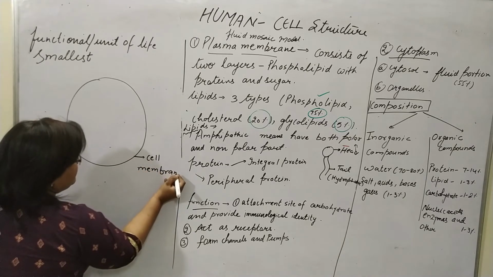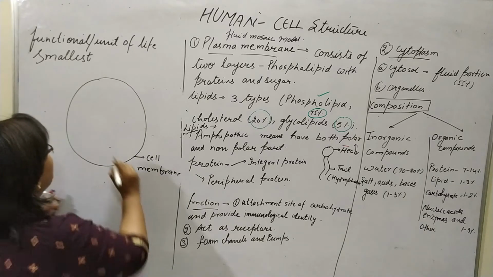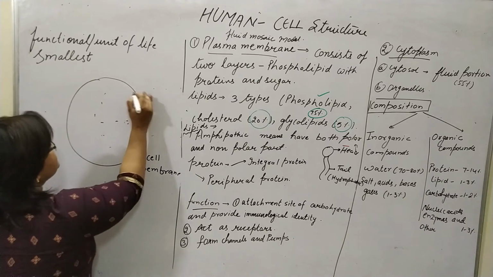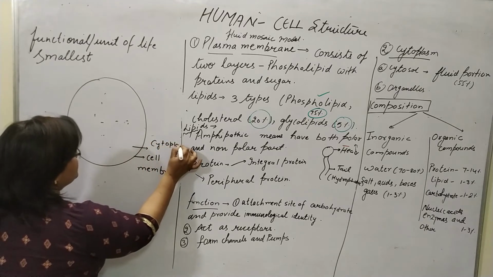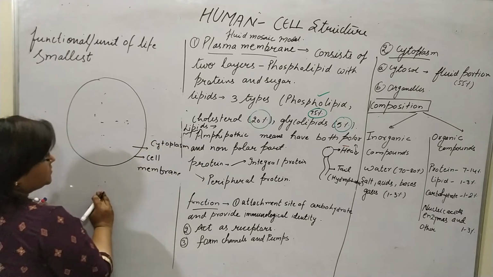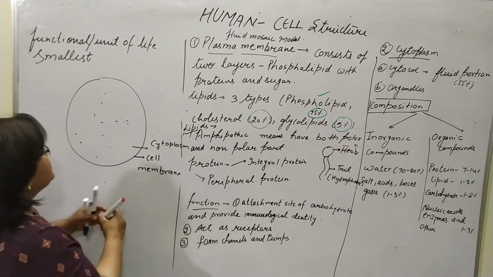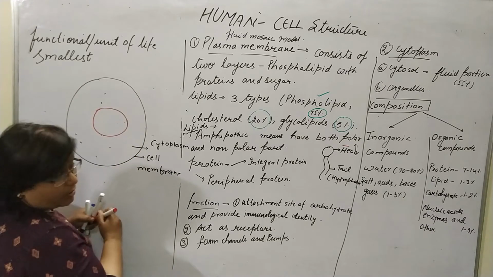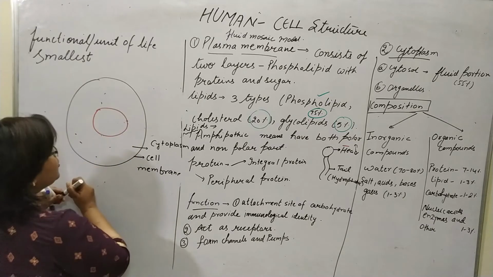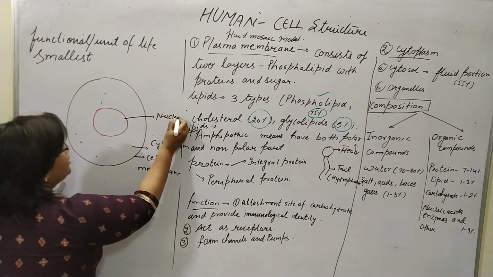The cell membrane is the outermost surrounding layer of the cell, and the liquid part is known as the cytoplasm. The cell center, the main controlling organ, is the nucleus.